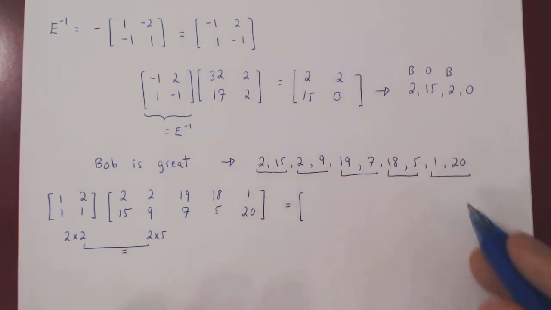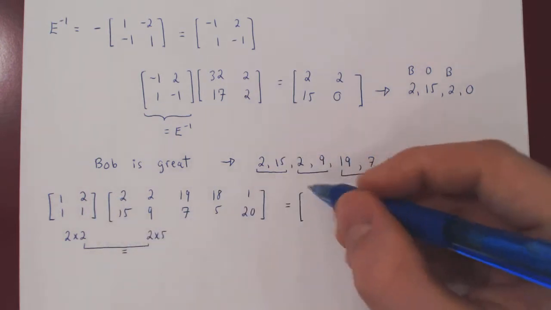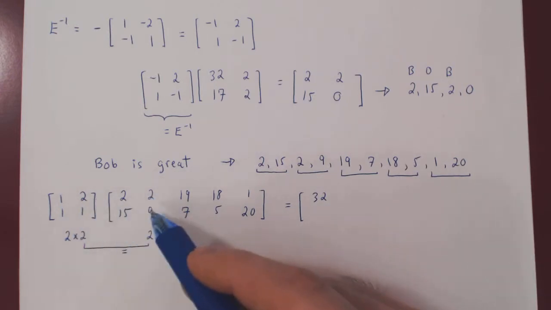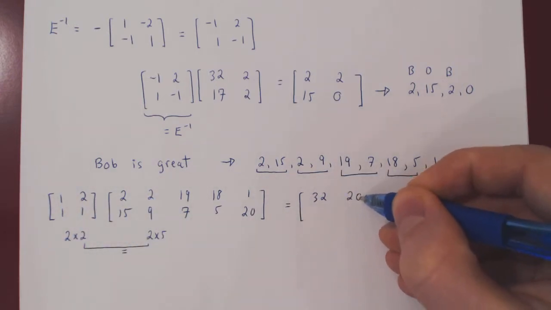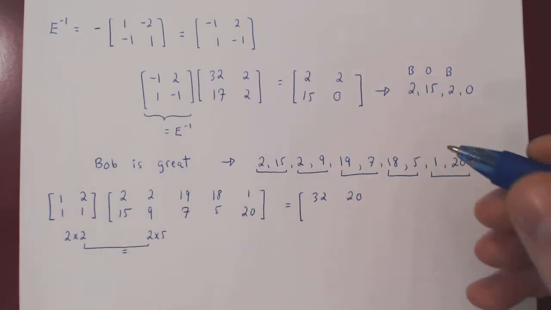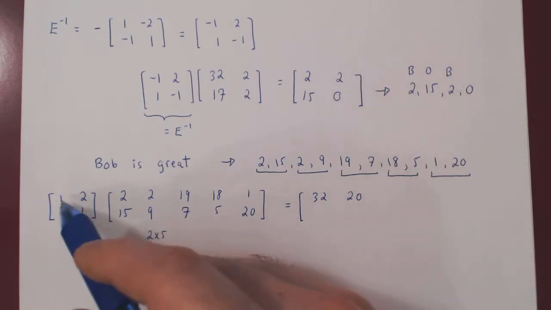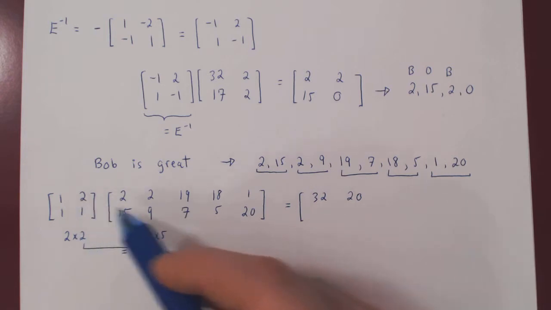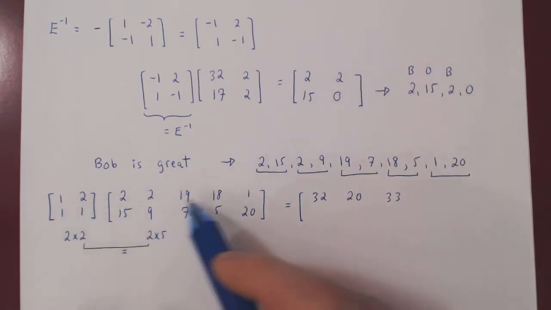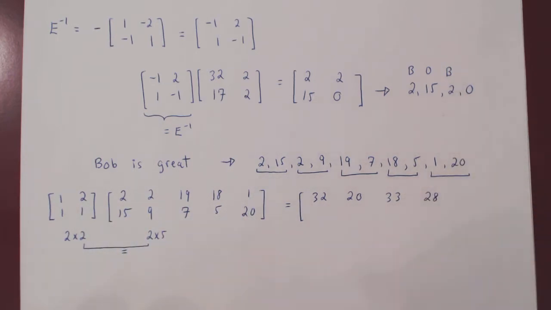Let's construct the first row. 2 plus 30, 32. 2 plus 18, 20. 19 plus 14, 36. Oops, sorry. 19 plus 14, 33. 18 plus 10, 28.